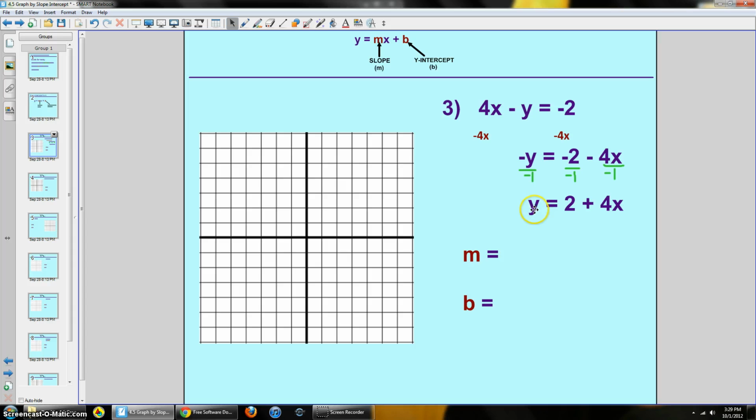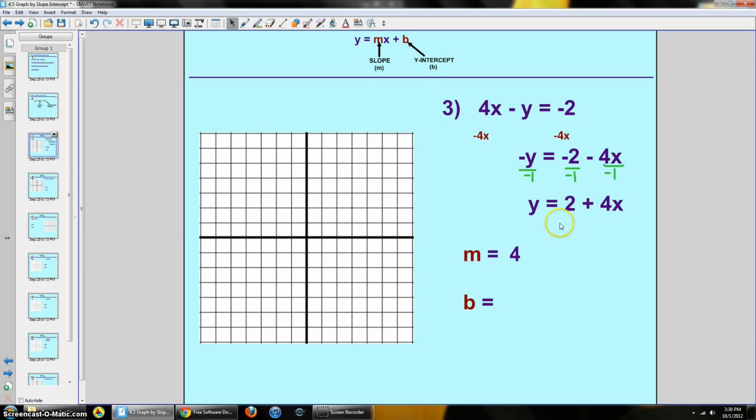It is in function form because I have y all by itself. The other good news is that we're also in slope-intercept form, though slightly rearranged. You'll notice that the 4 will be our m value right there, because it is multiplied by x. So that will be our slope for this problem.